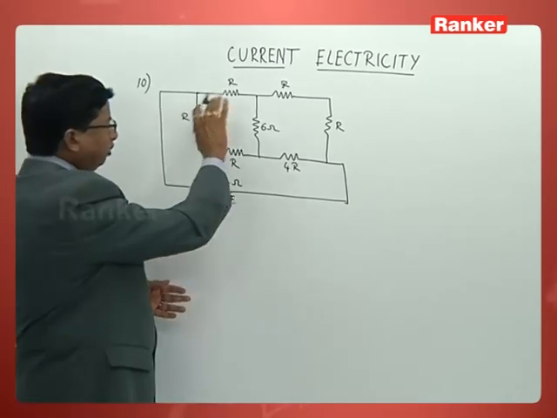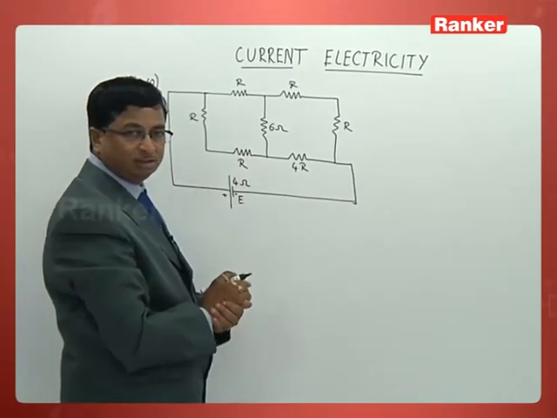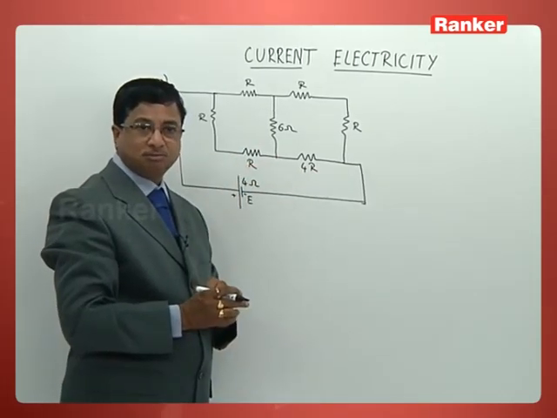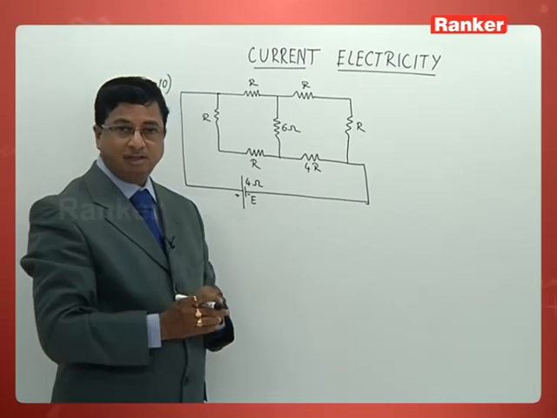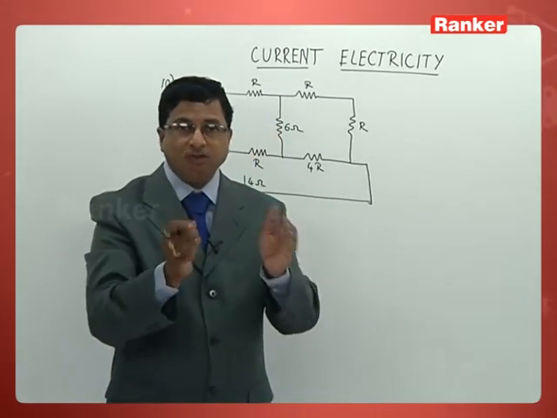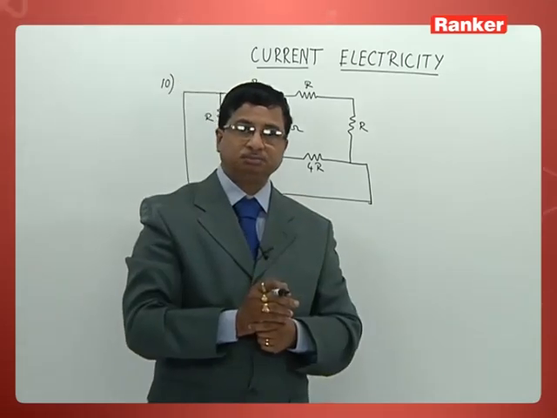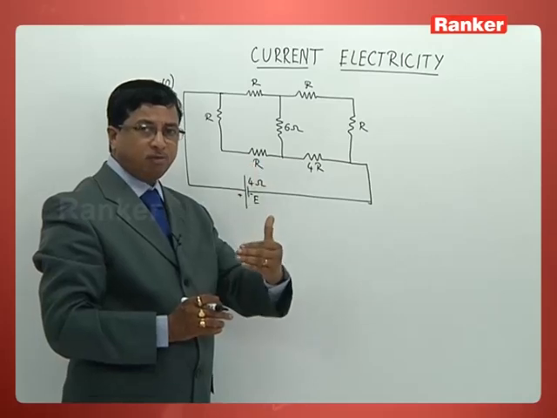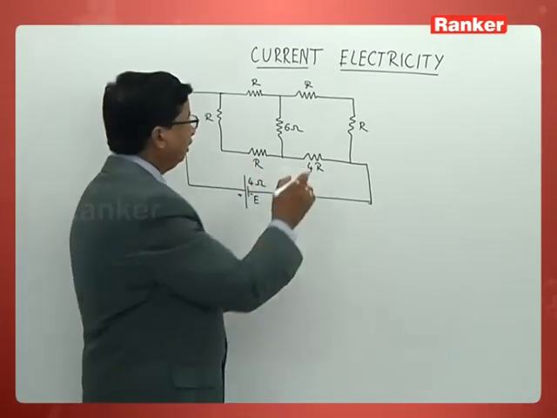Now observe this circuit a little carefully. You can minimize the size of the circuit now, provided you can understand which are in series and which are in parallel. So careful observation will make every one of you understand one point.